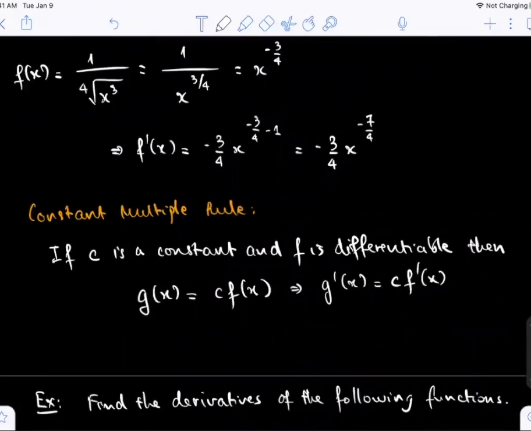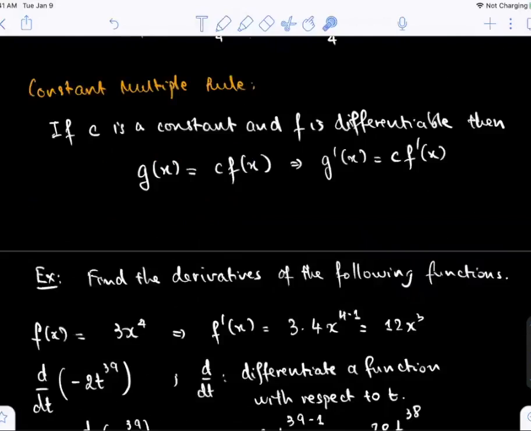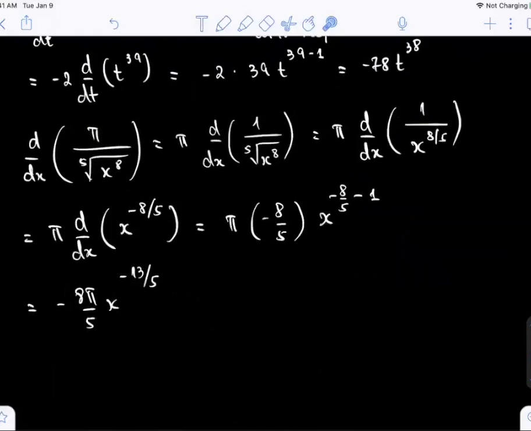Therefore, you keep the constant and you just differentiate the function. So go back to the example here. Pi is a constant multiple, so you leave pi alone. Don't do anything with that, and just take the derivative of this particular function.